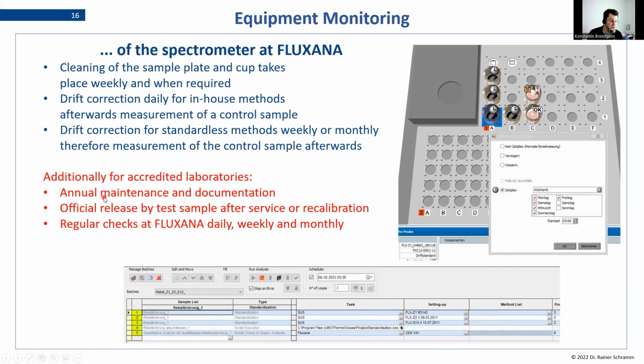Of course, the documentation here, again, is very important, because this we also use for our precision data later. And after tests or a service or recalibration, we have to again make a release. We have to make the status of our machine okay again. And as I said, we have daily, weekly, and monthly tasks, which are basically just checked off the list.